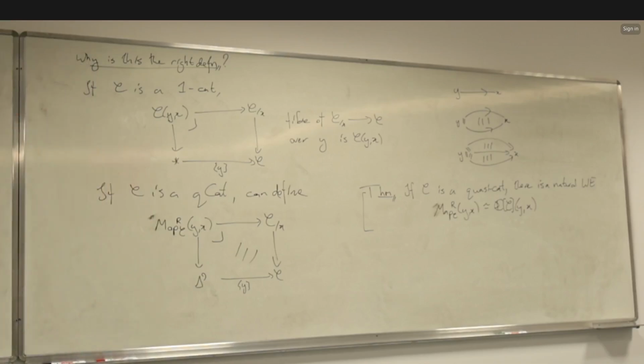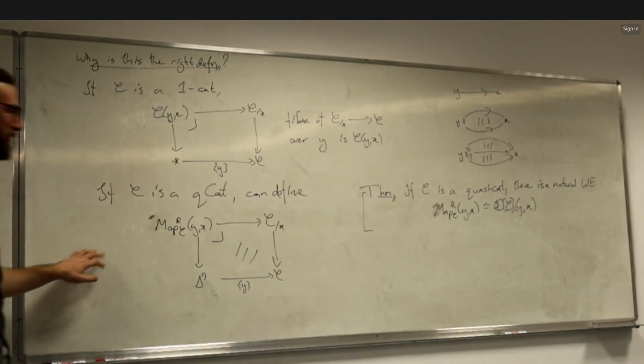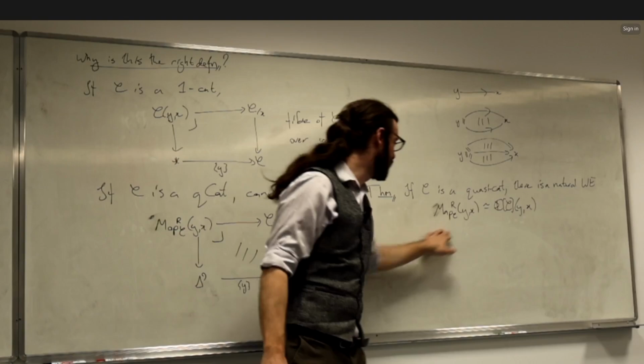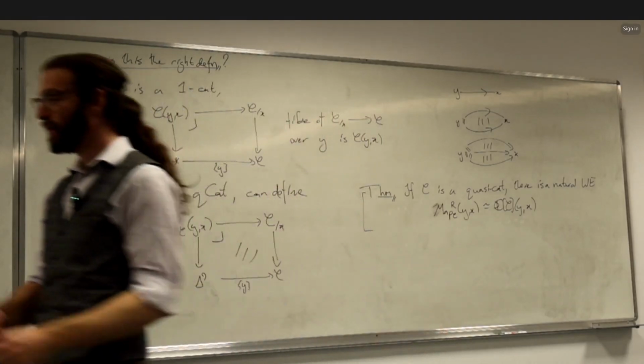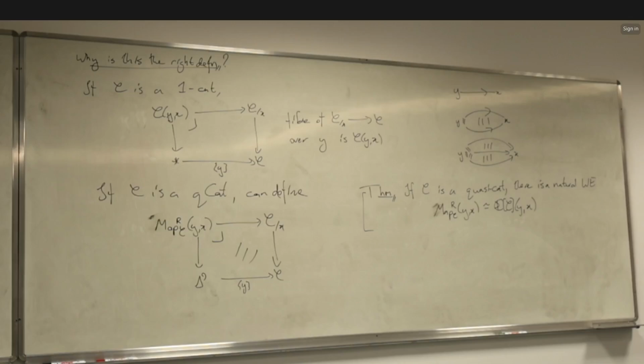Okay, back to regularly scheduled programming. So the way that we're going to try and understand why this guy here is fibrant is we're going to look at equivalences in a quasi-category.